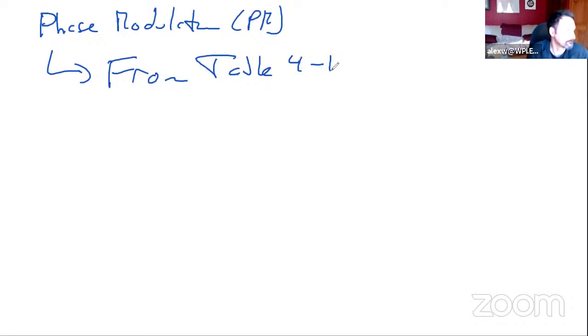Here we go. So in this case, g of m of t, what is this equal to? How's the mapping set up? The way the mapping is set up here is A_C, that constant amplitude constant. But the information, what we saw in AM, was all contained in the amplitude.